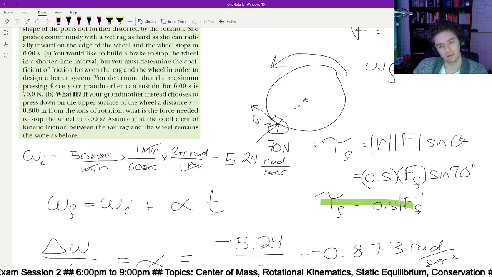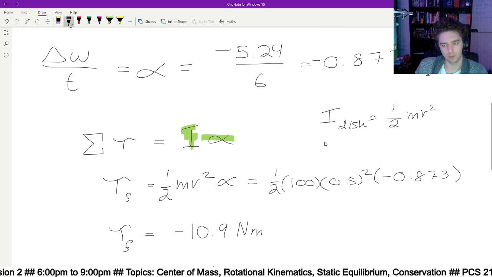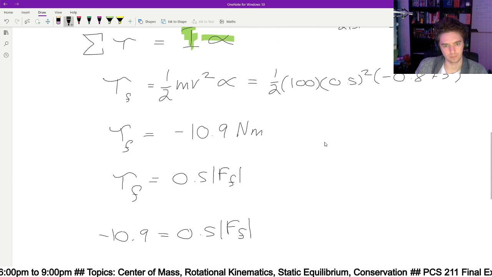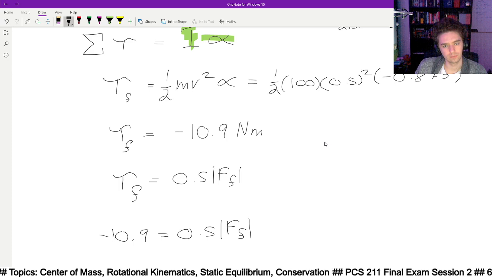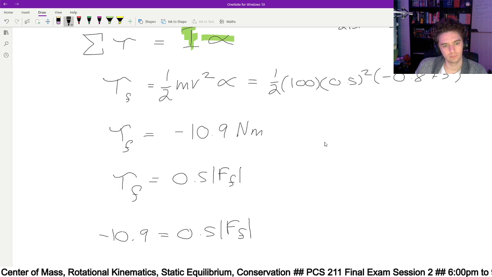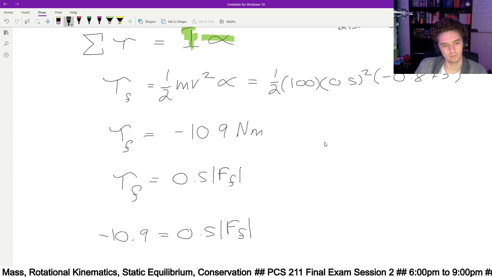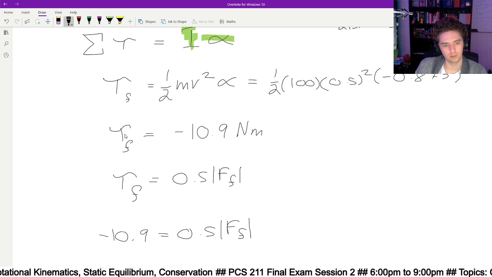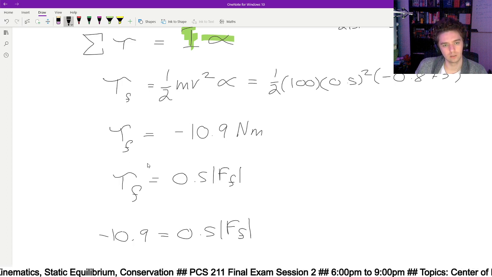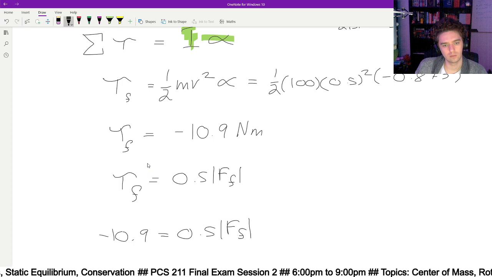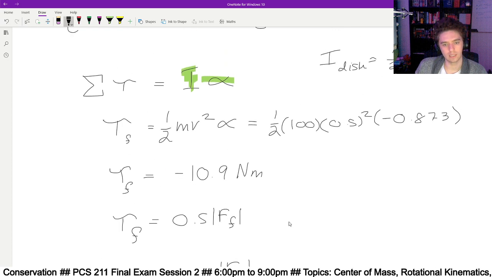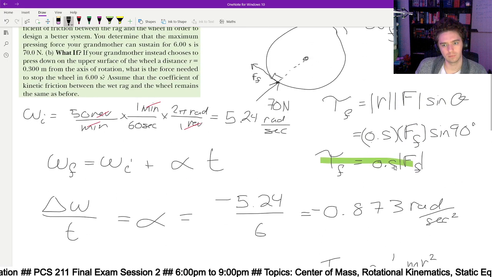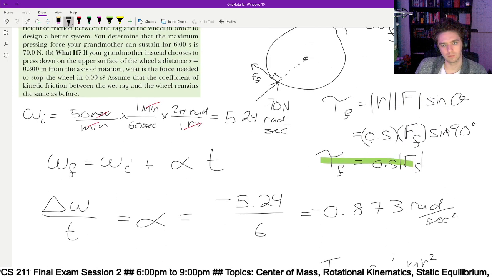What did you get for net torque? I got negative 10.9. And TF, you wrote TF? Yes, torque from friction. The torque from friction would be negative force of friction R sine theta, because the force of friction is giving negative torque.